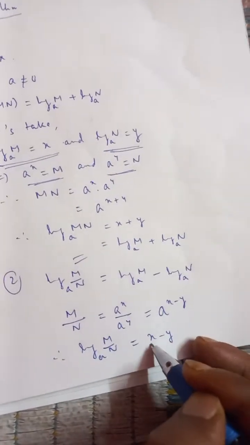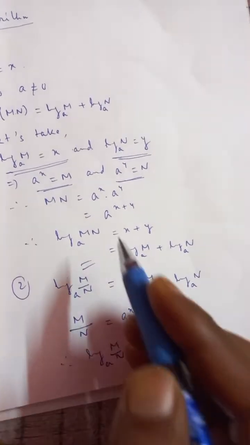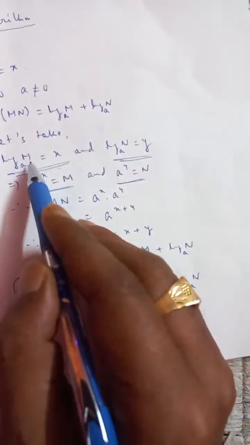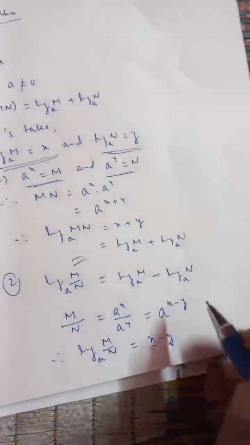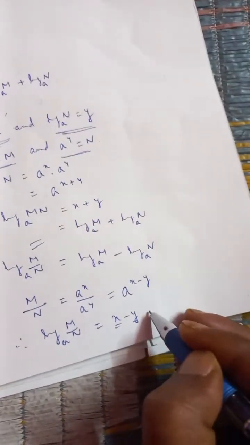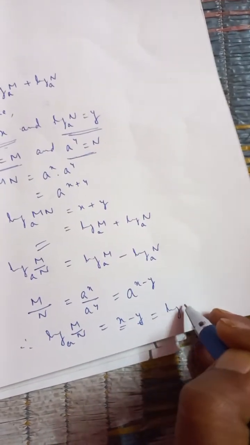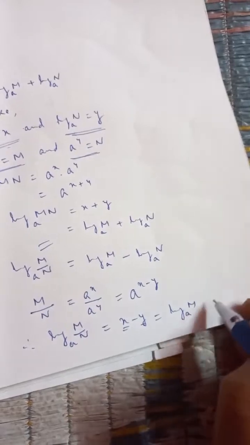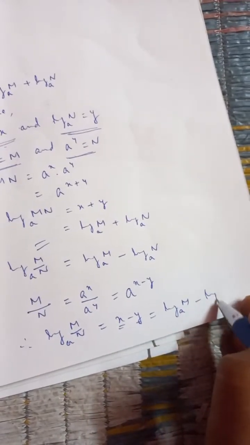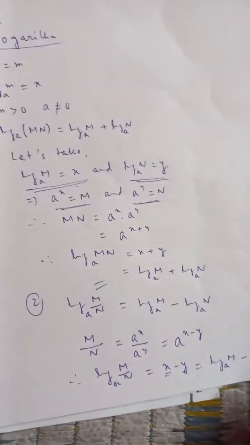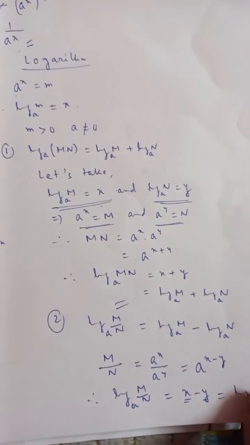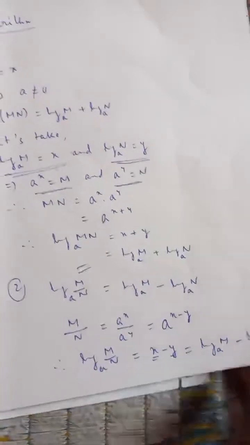And if we put the value of x and y, log of m base a and log of n base a, we will have log of m base a minus log of n base a. So this is our second formula.